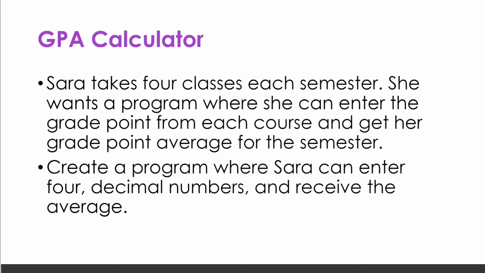She wants a program where she can enter the grade point from each course and get her grade point average for the semester. Create a program where Sarah can enter 4 decimal numbers and receive the average. So that's what we want to be able to do. If you're watching the recording, pause here, try to do this program, come back, and we'll do the program. Then I'll start playing the video again, and you can see the program in action.